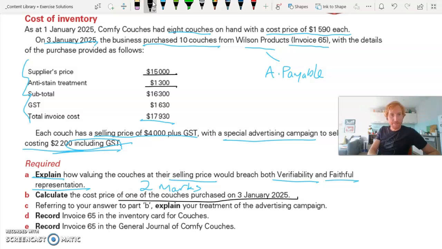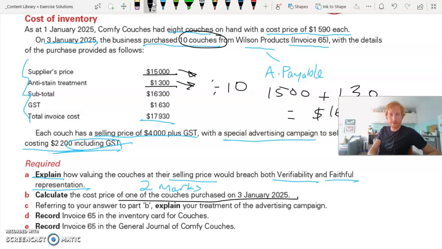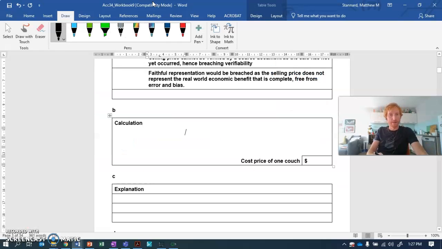Because we purchased 10 couches, we need to divide both of these by 10. Therefore it's going to cost 1,500 plus 130, so in total 1,630 per couch. Over here, I'm just going to drop that down, 1,630.